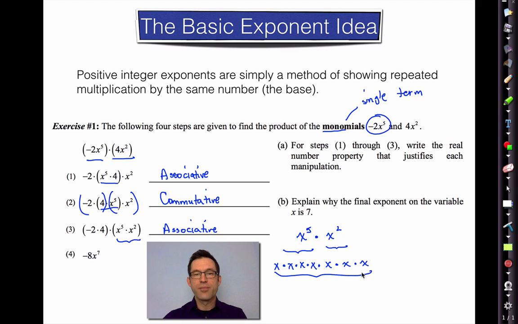So ultimately, we've got x to the seventh because there are 7 x's multiplying each other. It's real simple. But of course, a number of people might look at x to the fifth times x to the second and think, x to the 10th, 5 times 2. But that kind of ignores what exponents really mean, which is repeatedly multiplying, in this case, by a base of x.